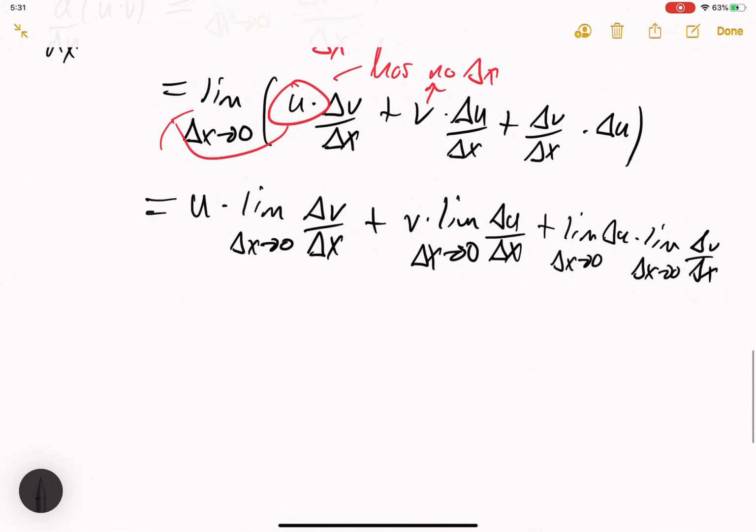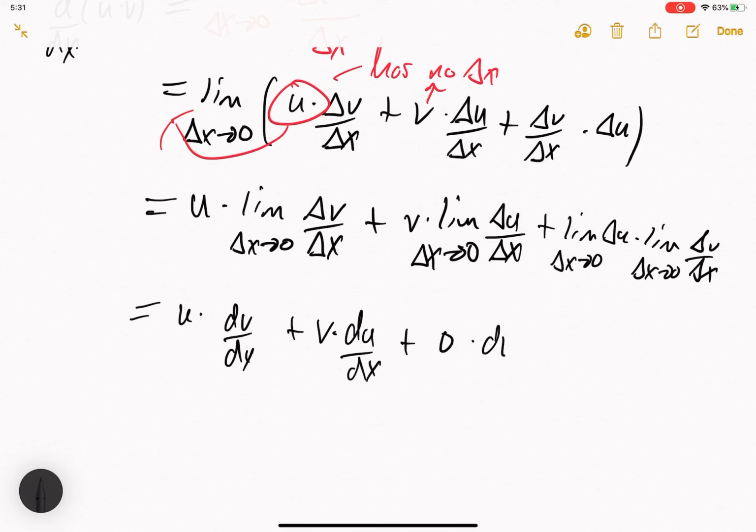All right. So now what we're going to do is plug in the definitions. So it'll be u times dv/dx plus v times du/dx plus 0 times dv/dx.